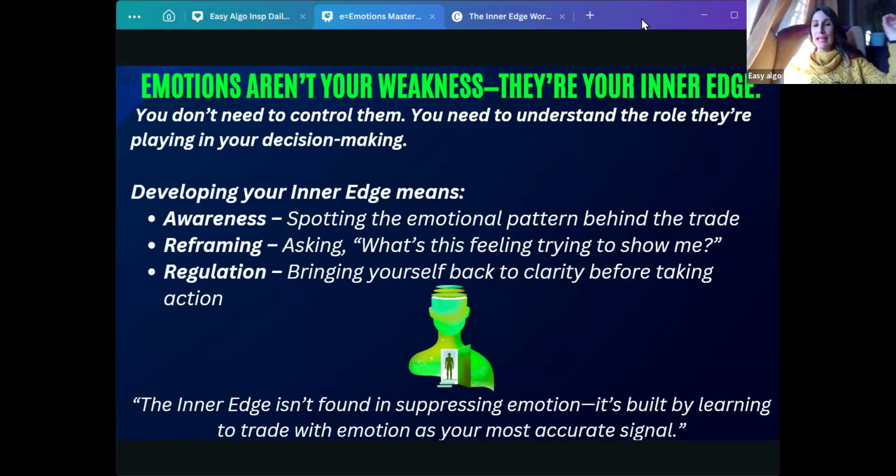So developing the inner edge means activating our awareness, which we have touched on in previous components of awareness, cultivating awareness, reframing, the art of being able to see things from multiple angles. And today we're adding that beautiful missing link, which is the regulation aspect, actually being able to self-regulate, self-soothe in healthy ways so that we can really work with our emotions.